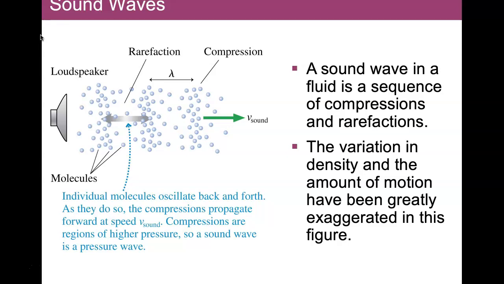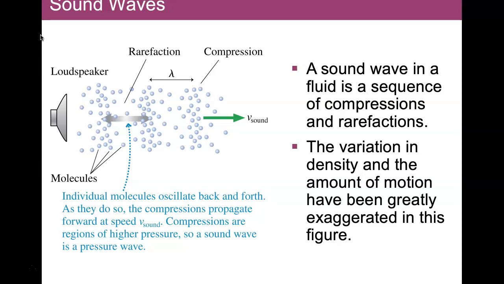Which can have compression, so you get a higher density, or rarefaction, which means you have a lower density than the equilibrium uniform density of air. And that's due to the pressure wave that's emitted from a loudspeaker, for example, or a person that's talking. So these air molecules in some regions get compressed together, in some regions the density goes down.